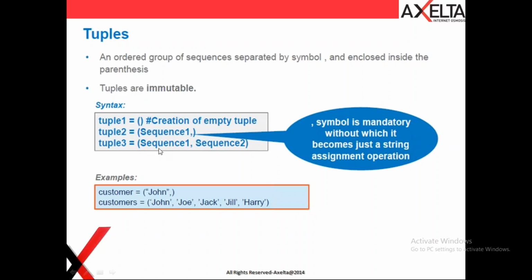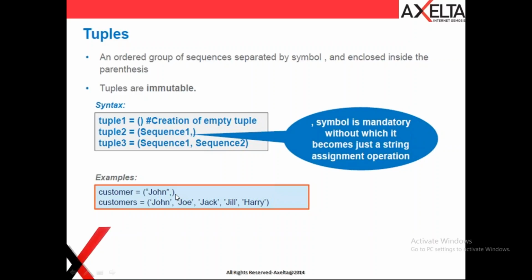You can simply delimit them by commas. So tuple3 is equal to sequence1, sequence2, which means this tuple contains two elements. Here is one example, customer is equal to a parenthesized group. By seeing the parentheses, your Python, your PVM, comes to know that it is a tuple.